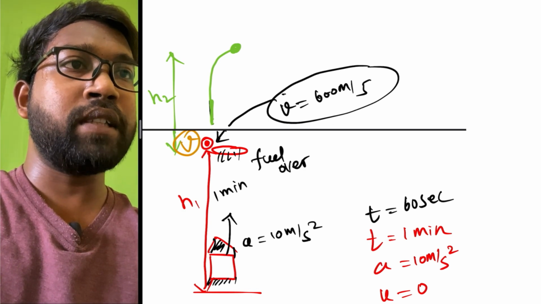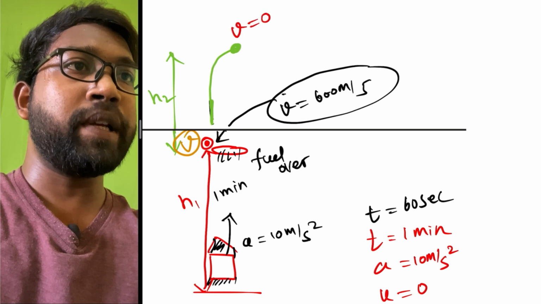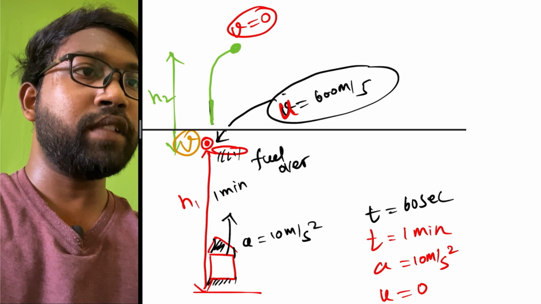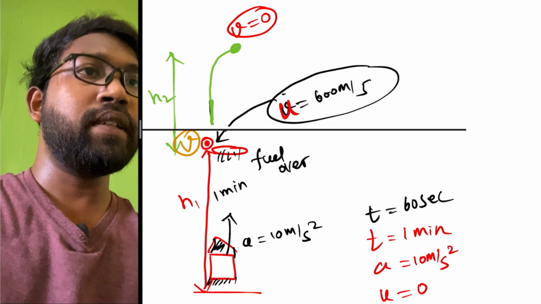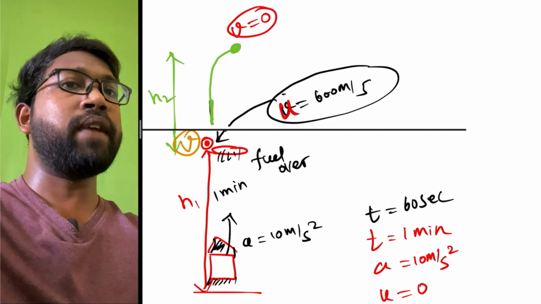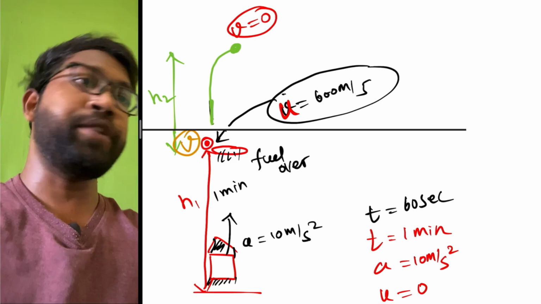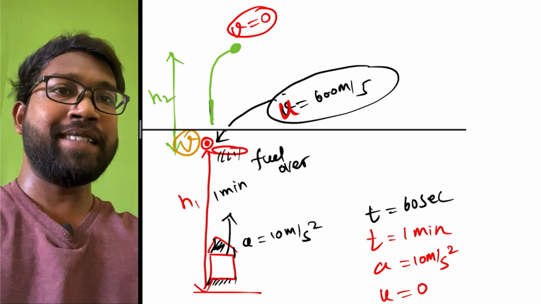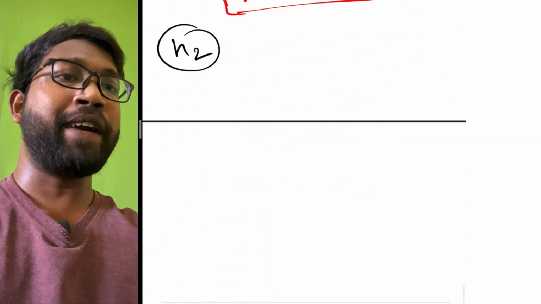Here the velocity becomes 0. In this case, this is u, and in the second case it's v. V is going to be 0, the final velocity at maximum height, and u is going to be 600 meter per second. That's it. I'm just going to reset and find H2.